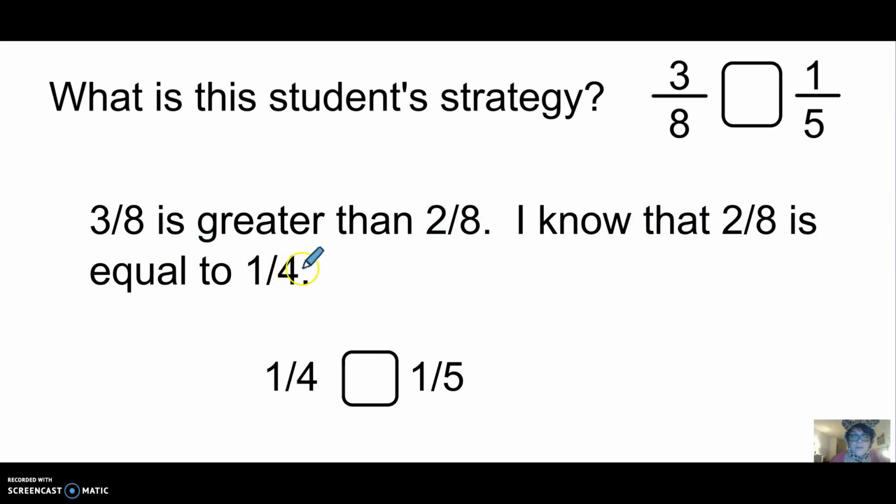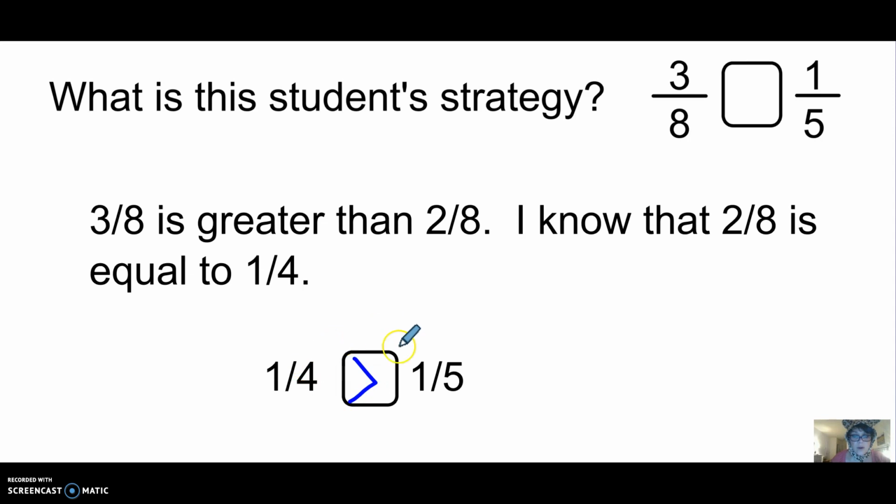So now, what if I were to compare my 1/4 to 1/5? All right? So breaking something up into 4 equal parts, those parts are going to be bigger than if I broke them up into 5 equal parts. So I know that 1/4 is greater than 1/5.